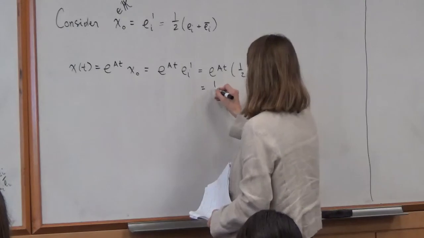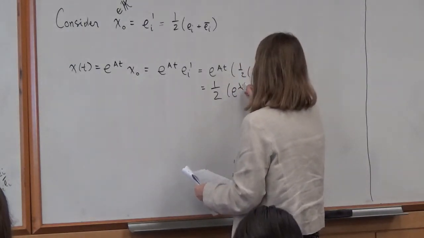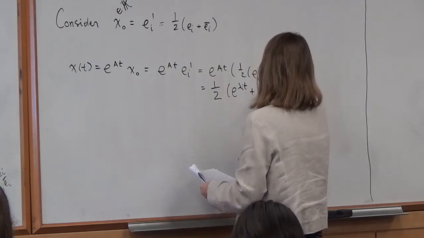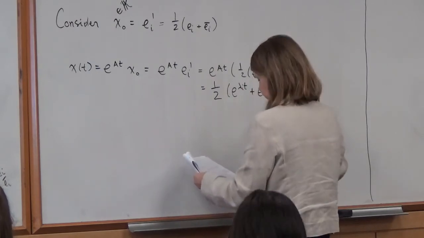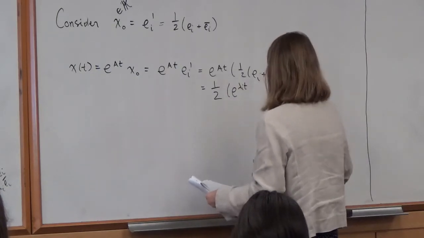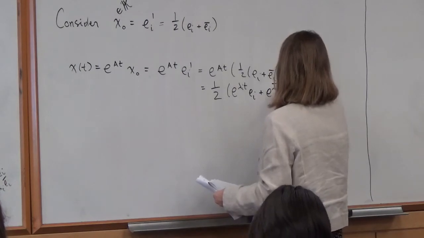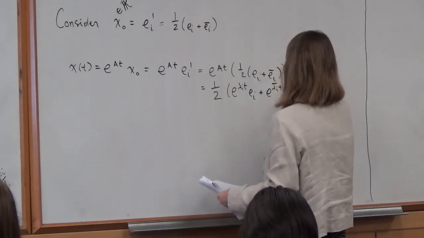Okay, so the 1/2 comes out, and then this becomes e to the lambda I t times ei, sorry, I forgot multiplying by ei, plus e to the lambda I bar t ei bar.